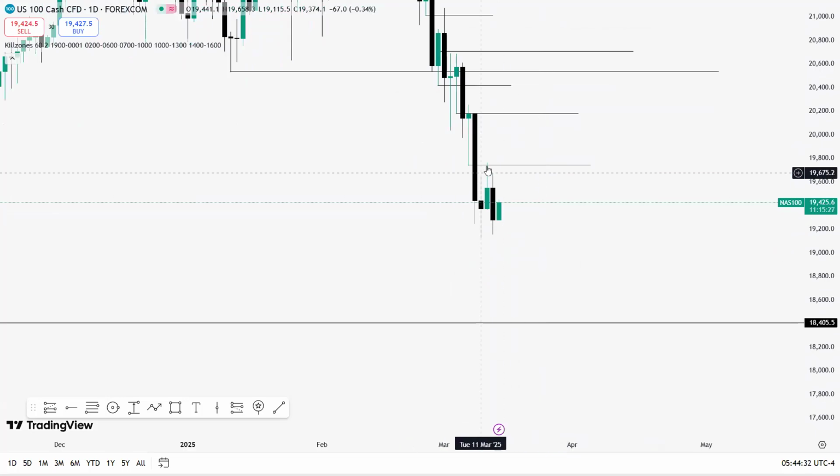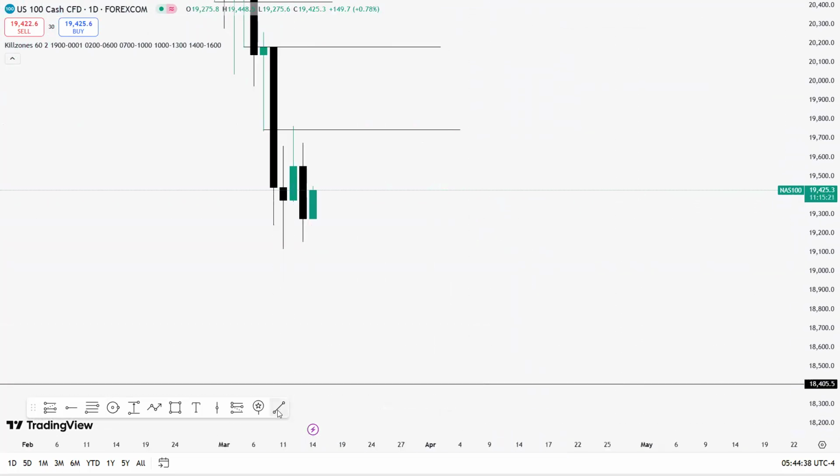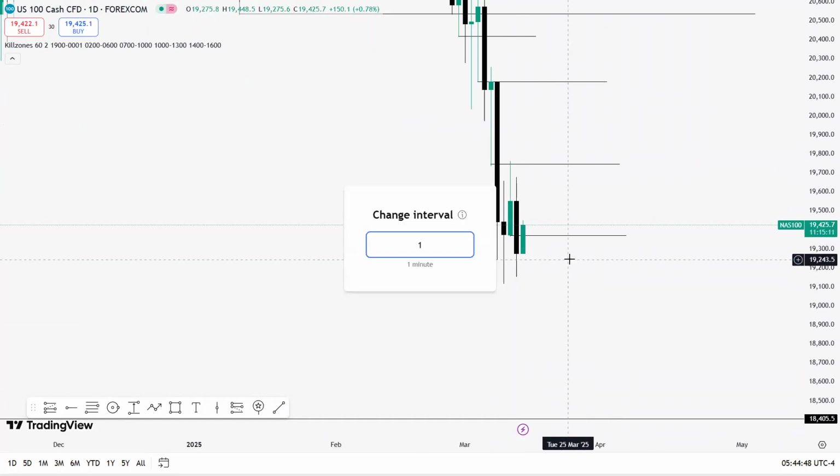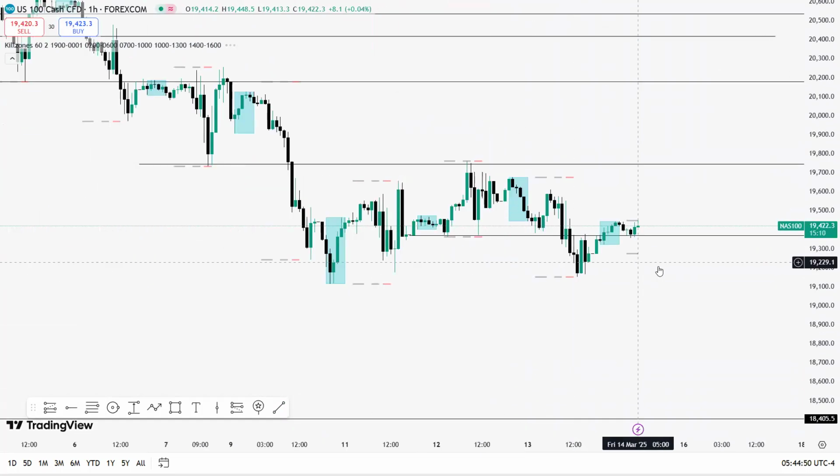Exactly. You see how we sold again? Yes, sir. And it created another bearish order block. Does it make sense for us to sell? If it's going to sell, it shouldn't go above 50% of this candle. We look for signatures to sell in the 1 hour.